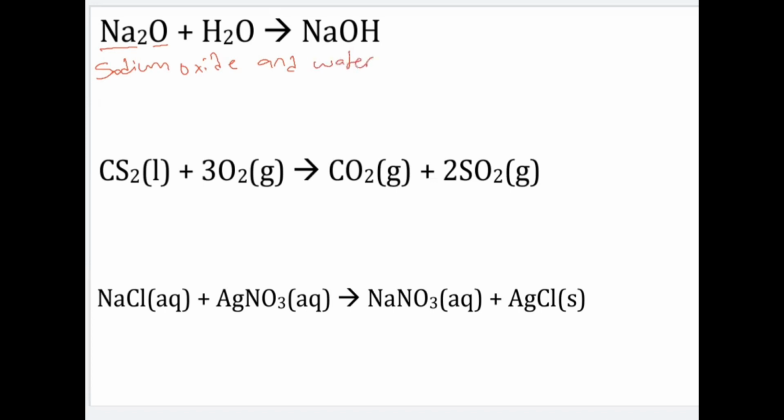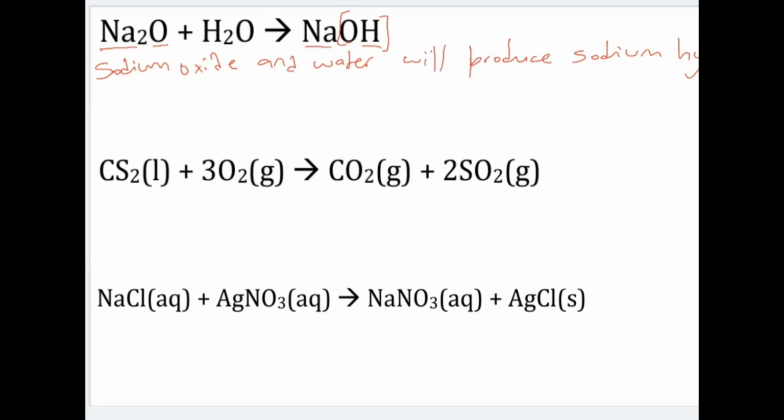So sodium oxide and water will produce, and that's our arrow, Na, and then we have O and H. Now, by last week's lesson, we know that OH together is called a hydroxide. So therefore, the product that is formed is sodium hydroxide. Right? So in words, this is what it's telling us, that sodium oxide, when it reacts with water, gives you a solution called sodium hydroxide.